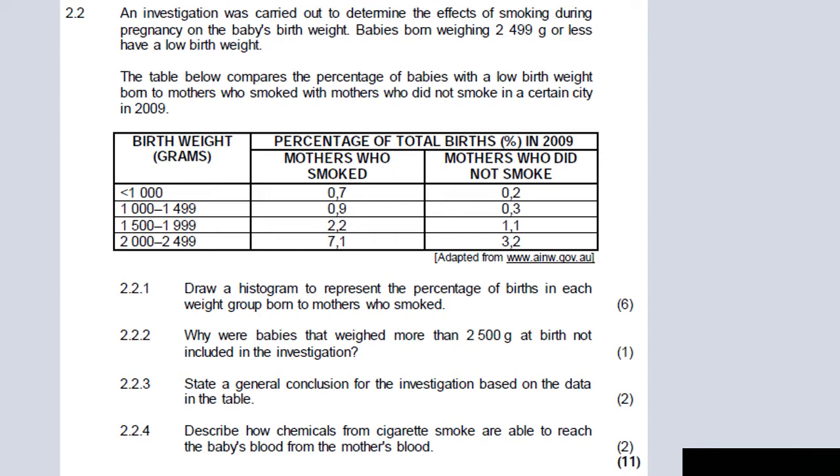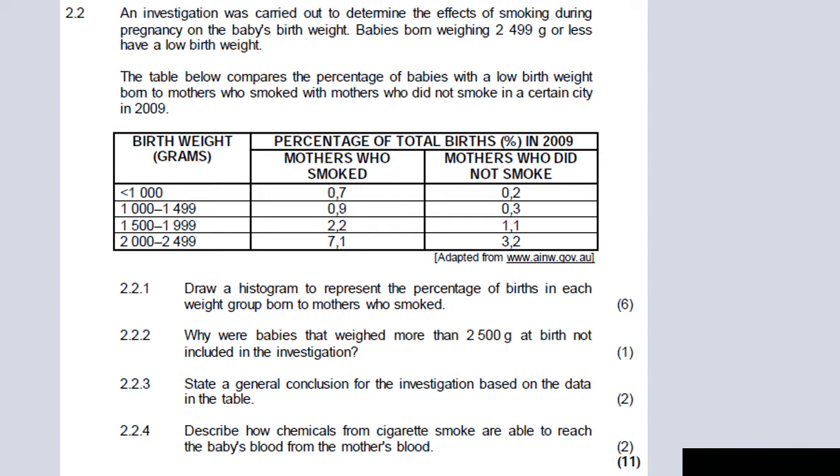So 0.7% compared to 0.2% of total births were under 1,000 grams. In the 1,000 to 1,499 grams, 0.9% were born to mothers who smoked, and 0.3% to mothers who did not smoke.